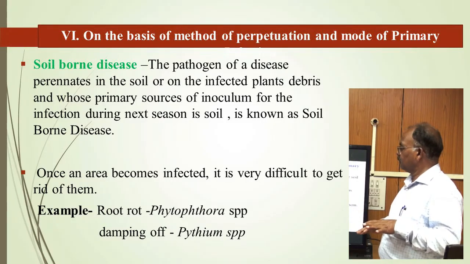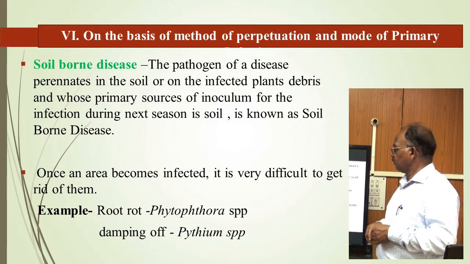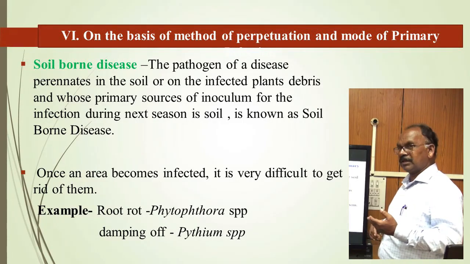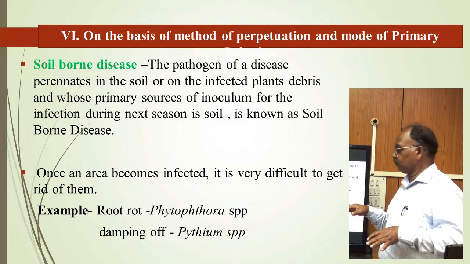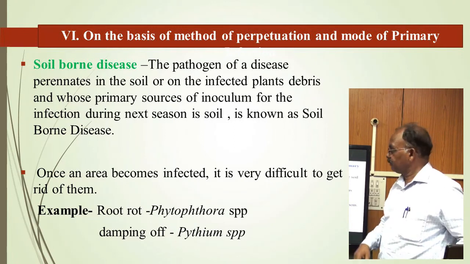Then it is known as soil-borne disease. Once the area becomes infected, it is very difficult to get rid of them. As for example, root rot caused by Phytophthora species, and damping off by Pythium species.